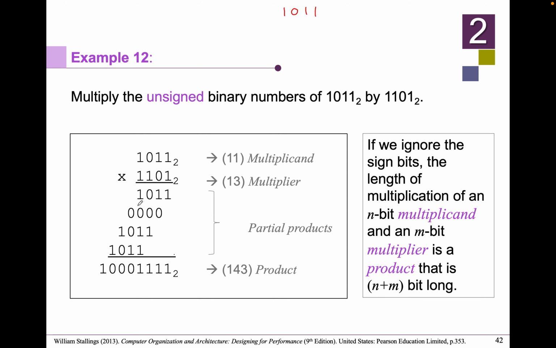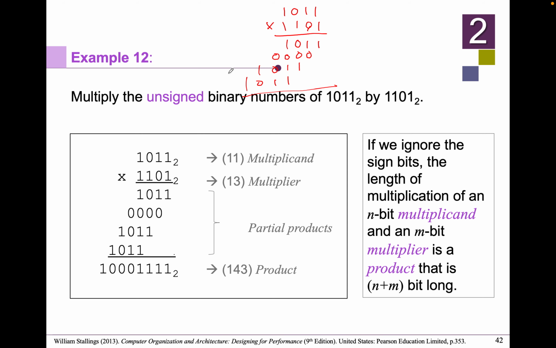1011. No need for us to see this first, okay? We go very manually, like in mathematics. 1 times 1 you get 1, 1 times 1 you get 1, 0 you get 0. So the second part we will get all 0, and the third and fourth.